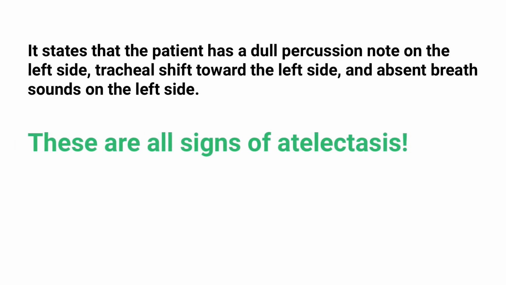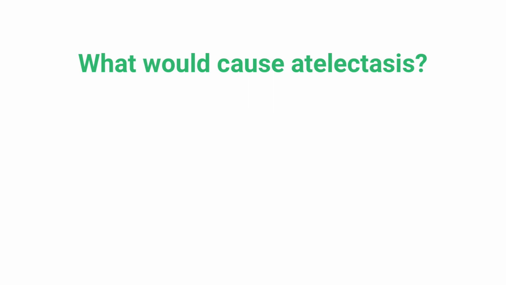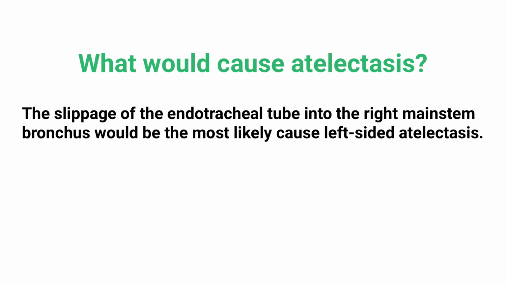These are all signs of atelectasis. So now you have to think, what would cause atelectasis? And in this case, the slippage of the endotracheal tube into the right mainstem bronchus would be the most likely cause of left-sided atelectasis.